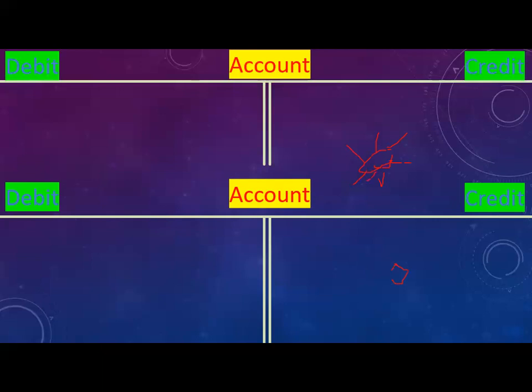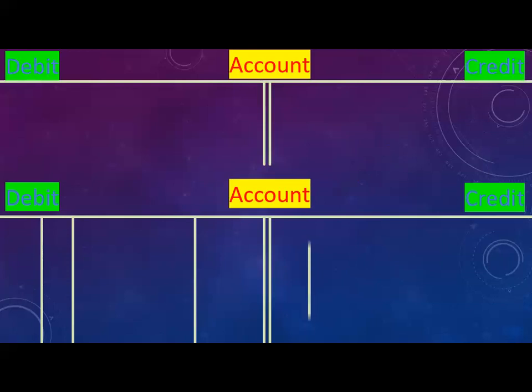So when you come to the account, both look the same, but the actual account should be like this. There are 4 columns in the debit side. Debit side, how many columns? 4 columns.